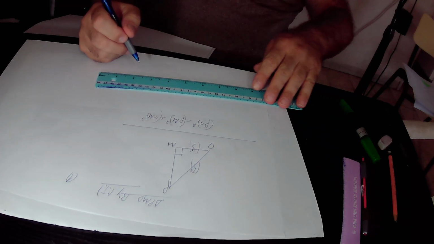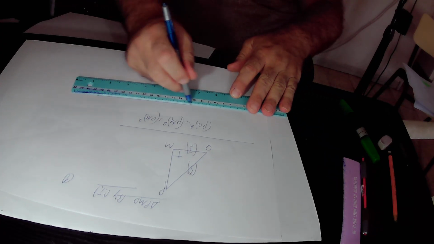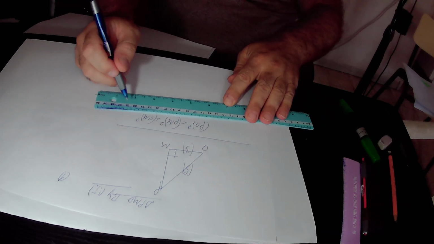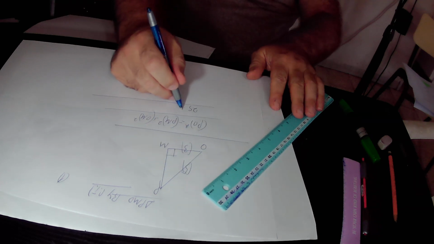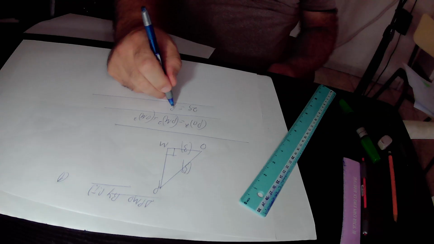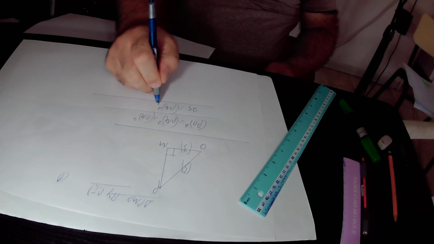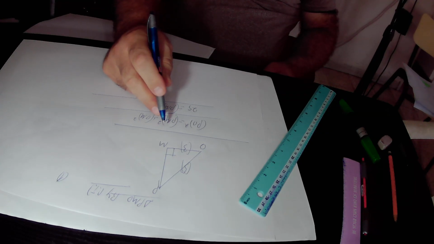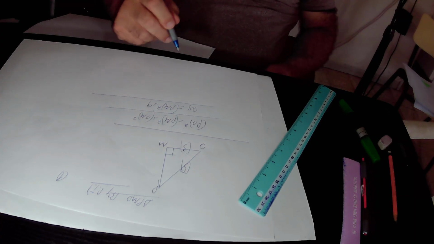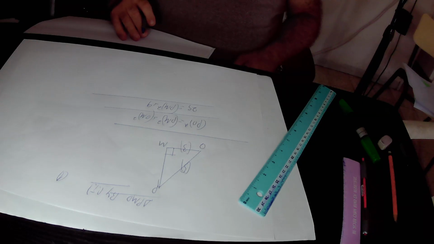PO is 5, therefore PO squared is 5 squared, that is 25. And 25 equals PM squared, PM is the missing side, plus OM squared. OM is 3, therefore OM squared is 3 squared, that is 9. So in total, 25 equals PM squared plus 9.